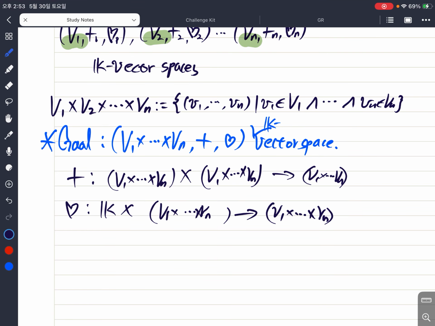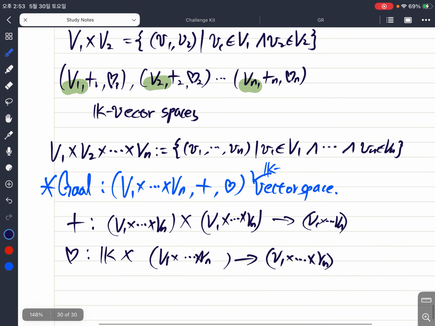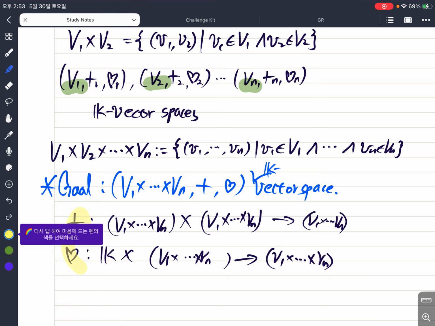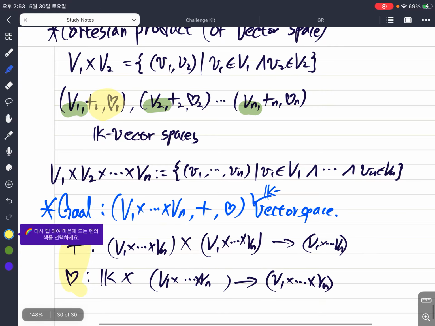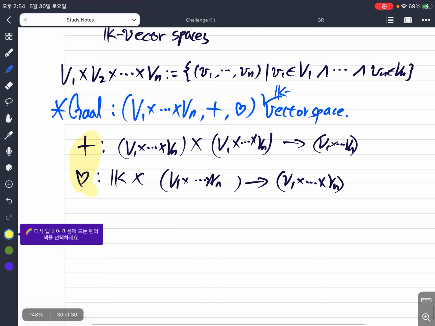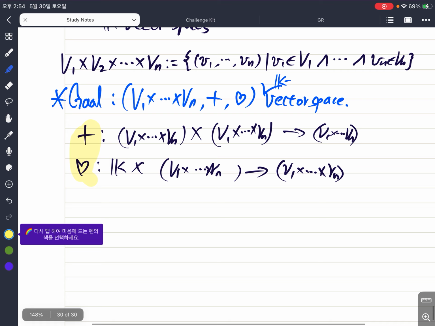But one more thing: we want this plus and scalar multiplication not randomly. We want these to come from the original ones. Then how to do it? We can simply write plus as something like this.